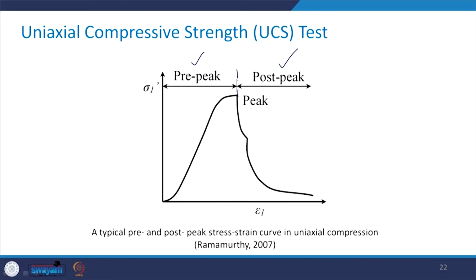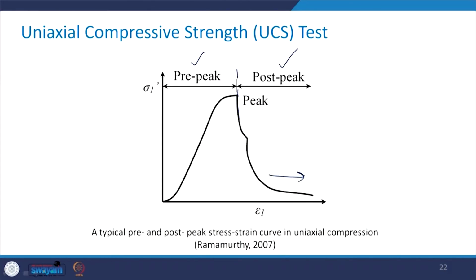Once it reaches the peak value, then beyond that you see the stress levels are reducing, but you have an increase in the strains under those stress conditions. So we will discuss in more detail why such behavior is seen as part of the post-peak stress strain curve in some of the subsequent classes.